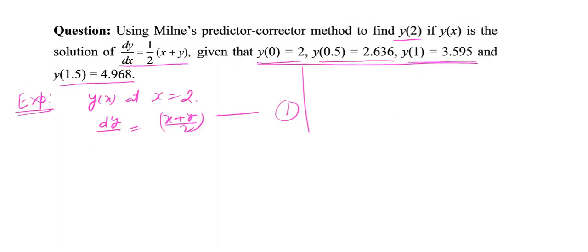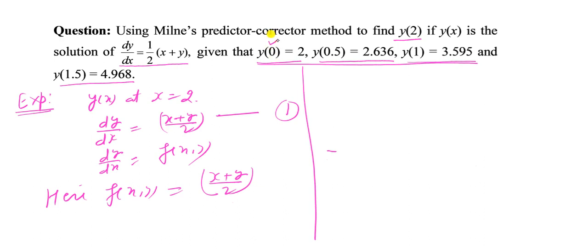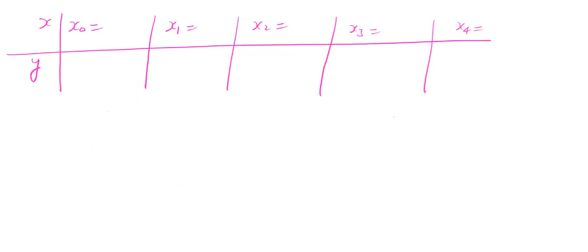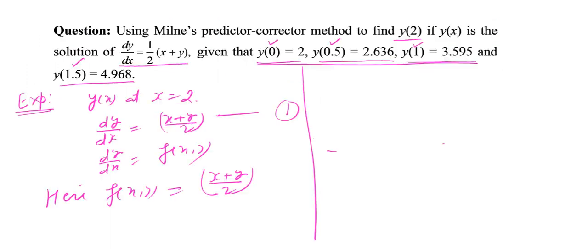So, here x0 is 0, then x1, x2 and x3. So, the x values are 0, 0.5, 1, 1.5 and x4 is 2. And the y values are, when x is 0 then y is equal to 2.